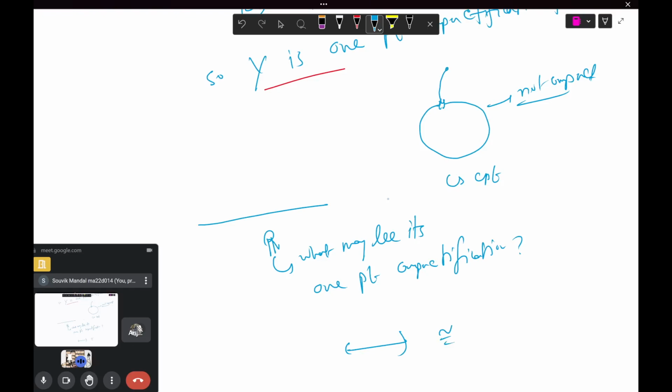Now observe that this open interval and this thing are the same, correct? Now can you please guess what is the one-point compactification of the real line? That is, you add one point and it will be some new compact space. What will this be? Intuitively, of course.